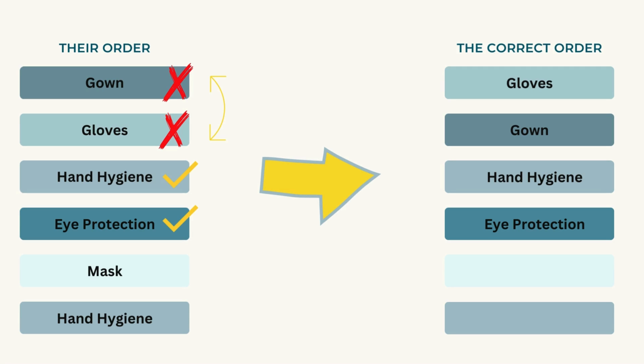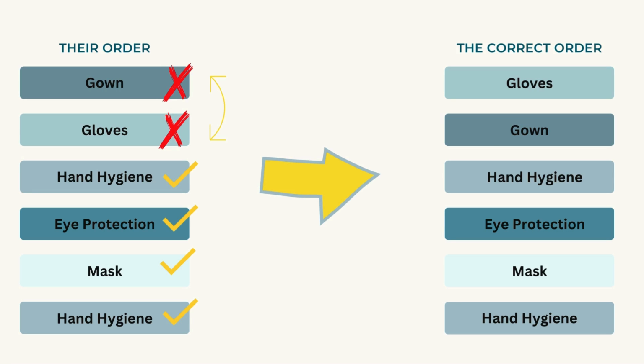Your eye protection will fit over top of your mask. So there are 2 check marks in a row there. So then once your eye protection is removed, you are then able to remove your mask safely, so we can see they have that order correct as well.